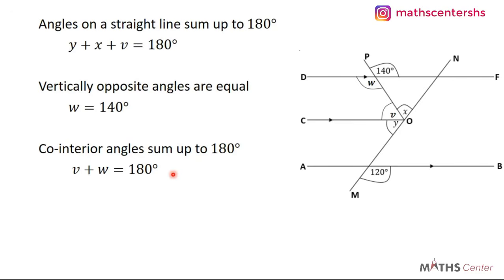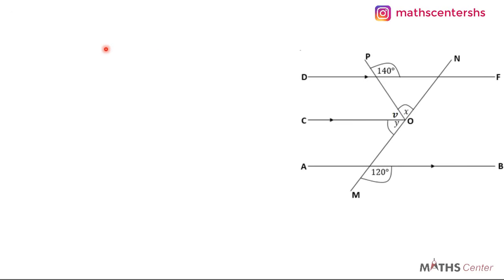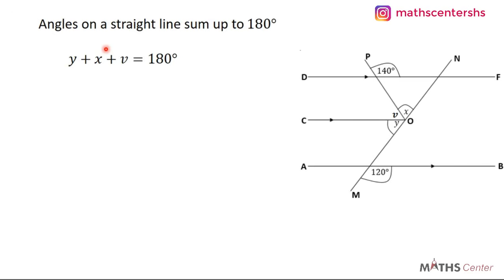We know that co-interior angles add up to 180 degrees. So v plus w gives us 180 degrees. I know w to be 140 degrees, so v gives me 40 degrees after I simplify. Now I have y and v, so I can find x, because y plus x plus v gives 180 degrees, since angles on a straight line add up to 180 degrees.